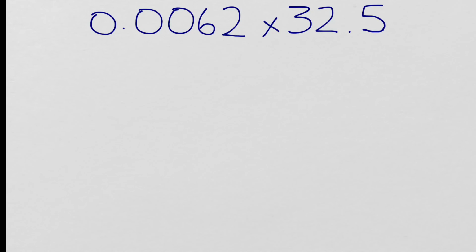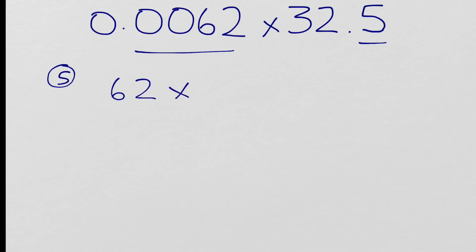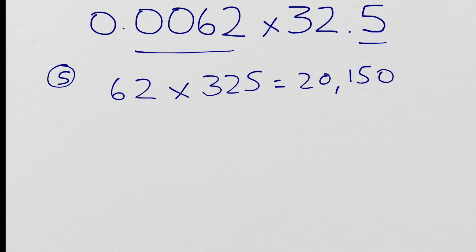Right then, let's see if you got this one correct. So the first thing I will do, I will count up how many numbers are after the decimal point. In this case there are 5. Then I would work out 62 times 325, which equals 20,150. And then I need to put the decimal place back into my answer, remembering that there are 5 numbers after the decimal point.